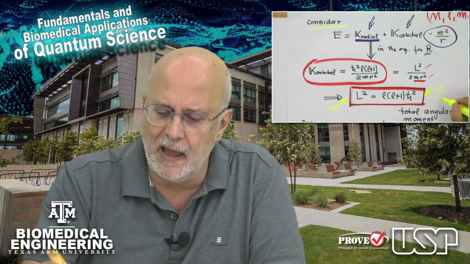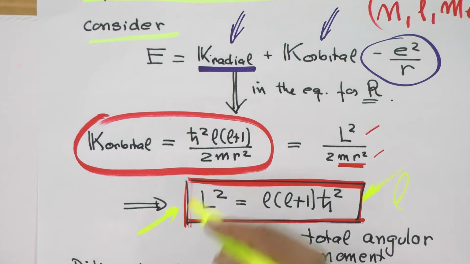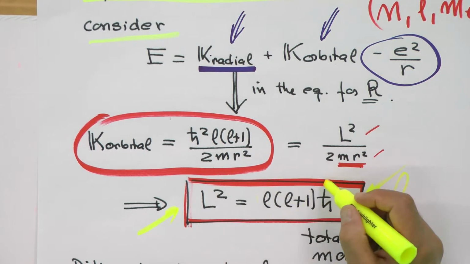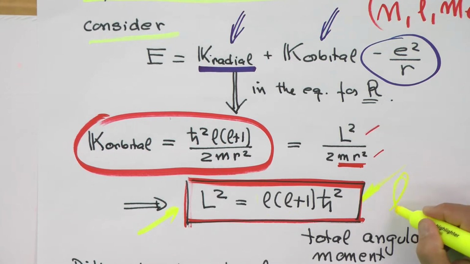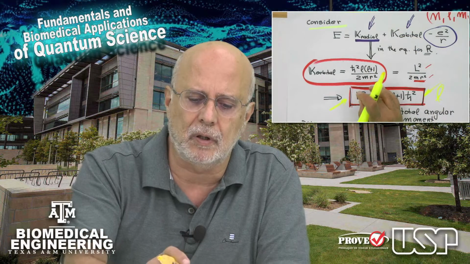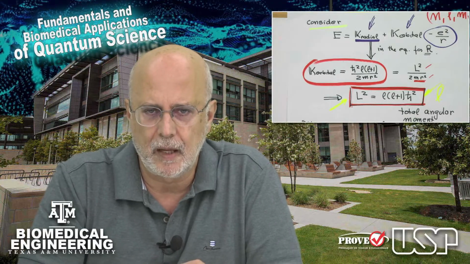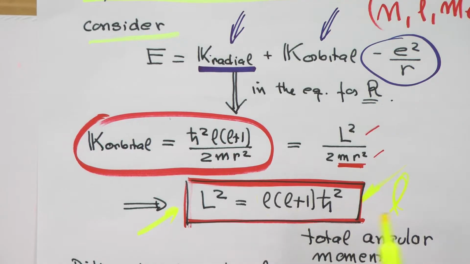So this number L is a quantification of the total angular momentum. I could take the square root, and this would be the square root of L times L plus 1 times h bar. But by giving a value of L, I am giving the value for the total angular momentum. And this is the physical interpretation for this L. It represents the angular momentum of the orbit of the electron in the atom.